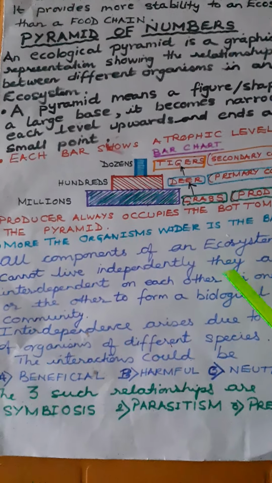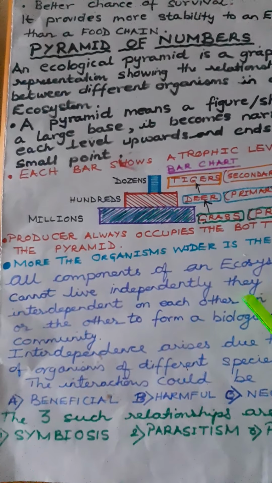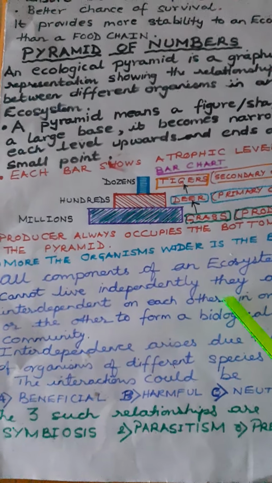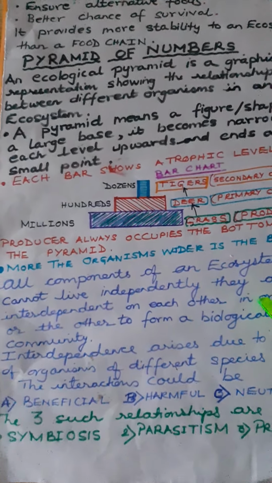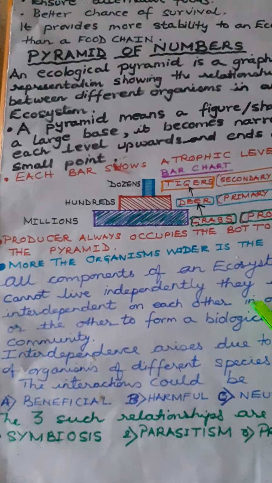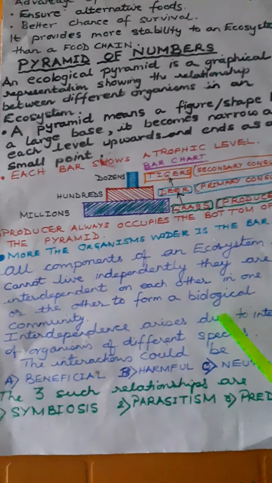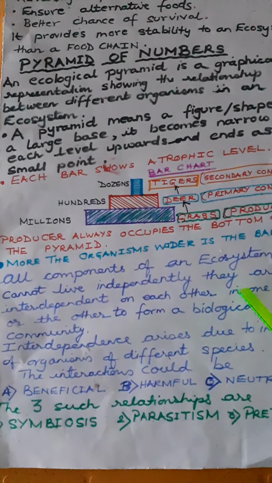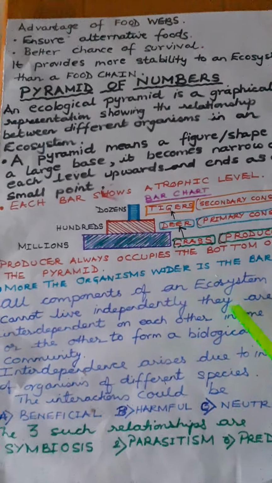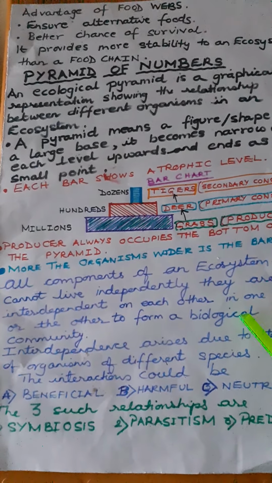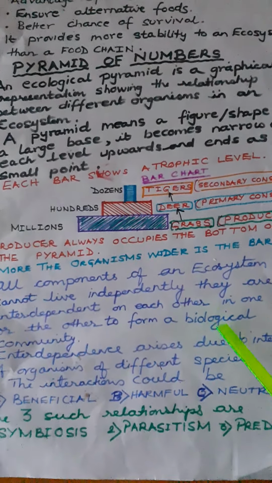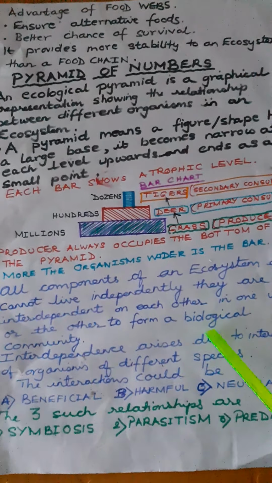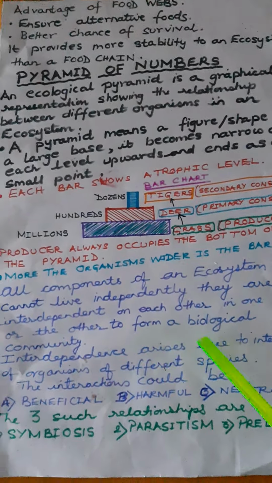When they interact with each other, they are interacting with individuals of different species in the ecosystem, so that it forms a stable biological community.